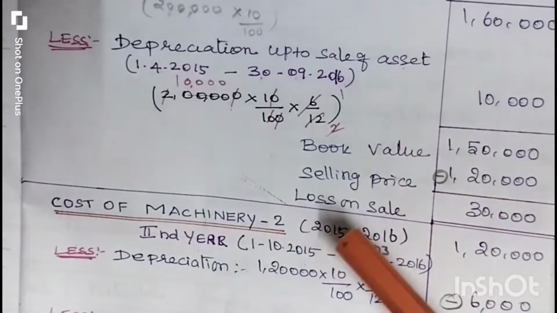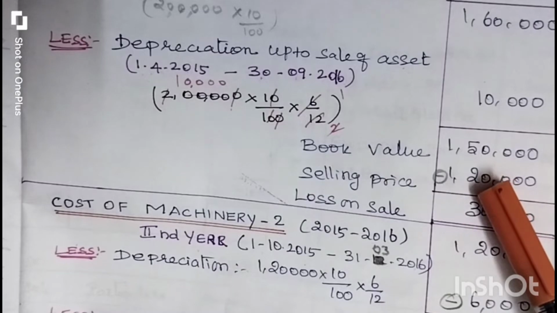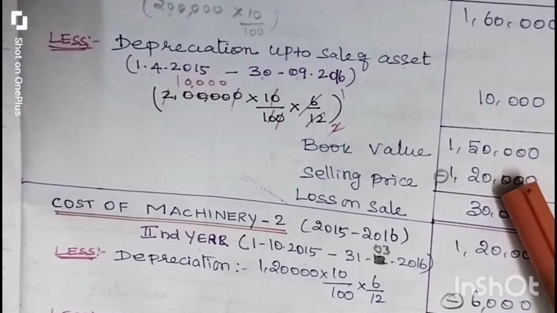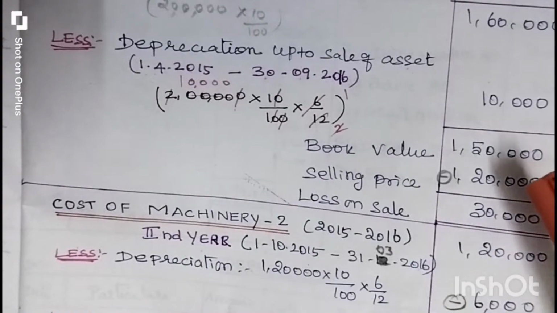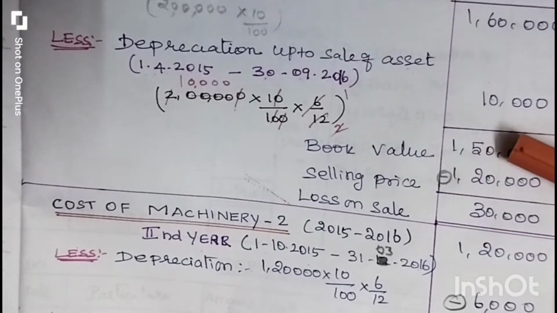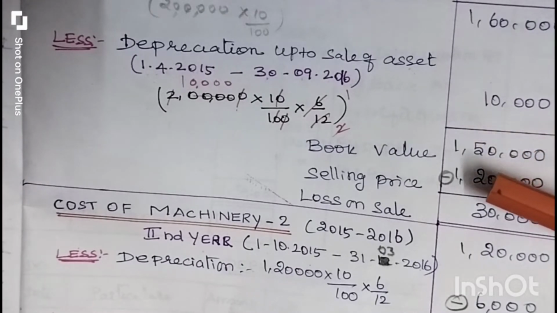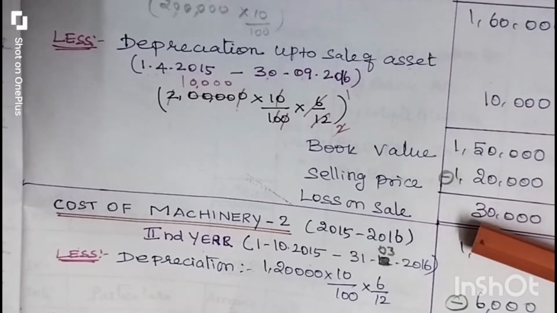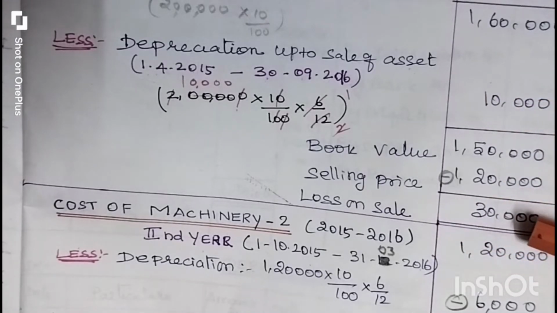The selling price is given as 1,20,000 rupees. They sold machinery 1, so now you have to find the difference. Then only can you find whether they get profit or loss. Subtract 1,20,000 from 1,50,000 and you get 30,000 rupees. Is it profit or loss?